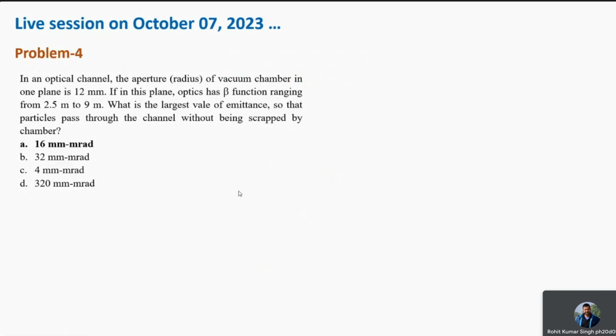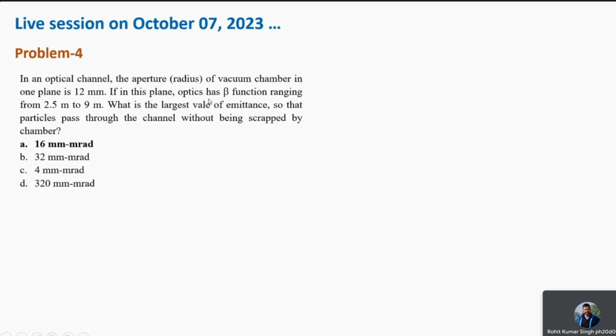Now problem 4. Problem 4 also has certain queries on the forum. So in an optical channel, the aperture, meaning the radius of the vacuum chamber in one plane, is 12 mm.